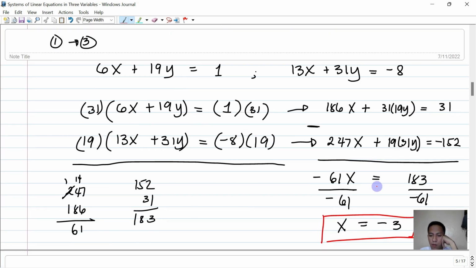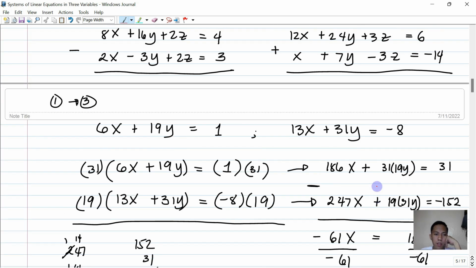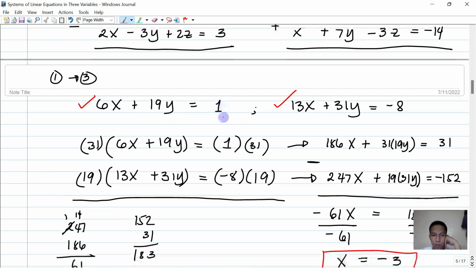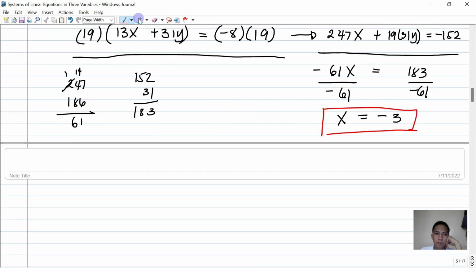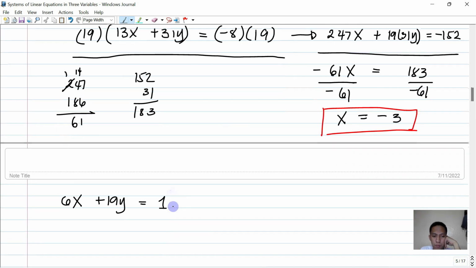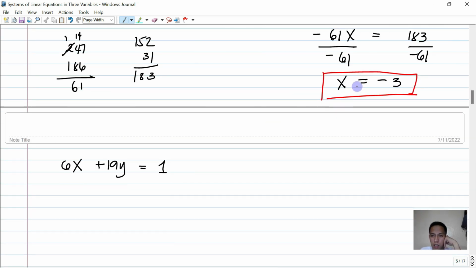So since we have now x as negative 3, pwede natin gamitin itong equation or itong equation to solve for y. Pili lang tayo. Mas simple si 6x plus 19y equals 1, so piliin natin siya. Substitute lang natin x is negative 3.